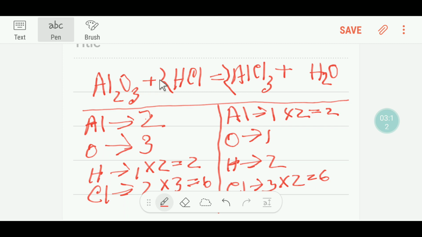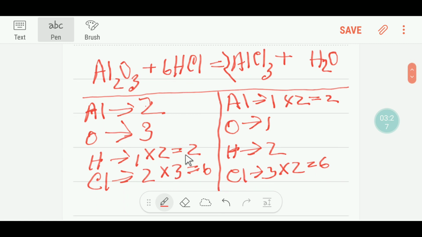So 3 times 2 gives me 6. So I will write here 6, right? If I write here 6, then I am getting here 6 hydrogen and 6 chlorine. So my hydrogen will be updated. So I will put here 6 hydrogen, right? Okay, and already I have 6 chlorine. So our chlorine is balanced.